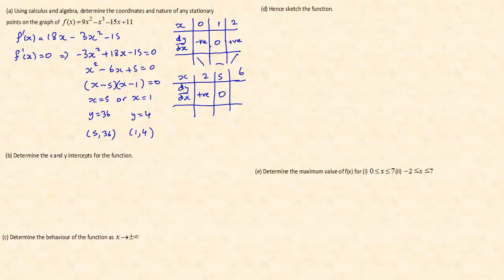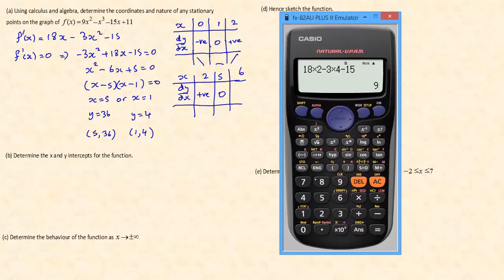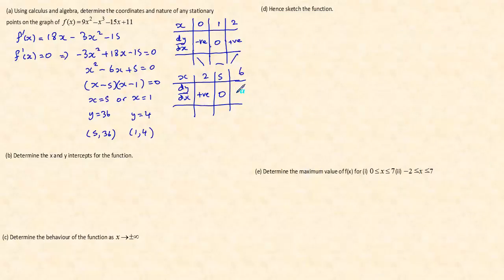And if we do the 6, we get 18 times 6, take away 3 times 36, take away 15, that one is negative. So up, across, down, so that's a max. So this one here is a max, and this one here is a min.